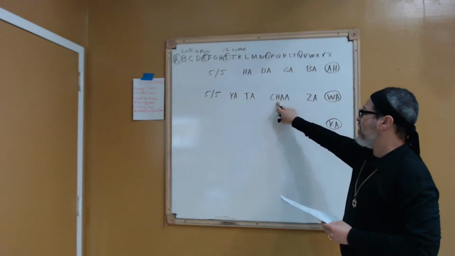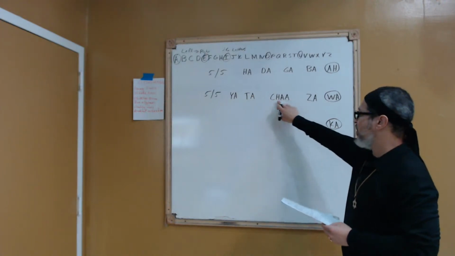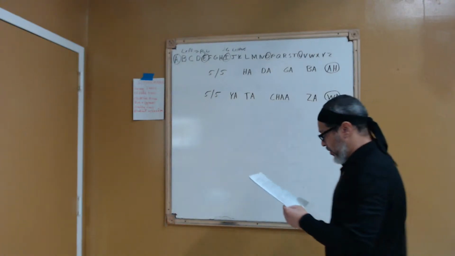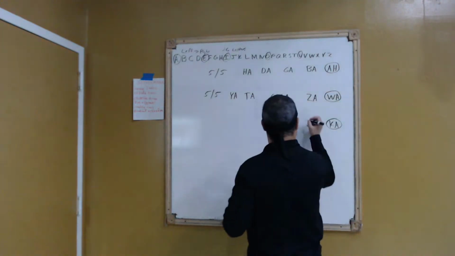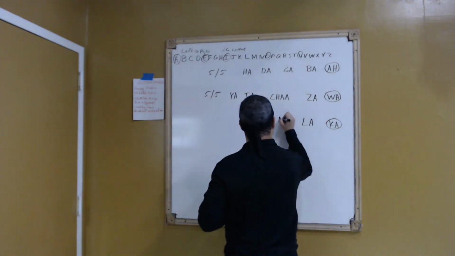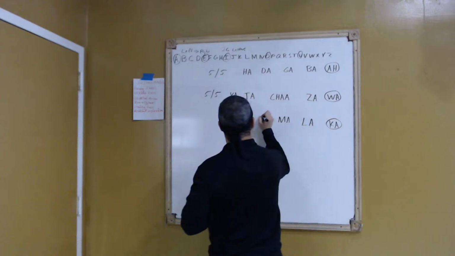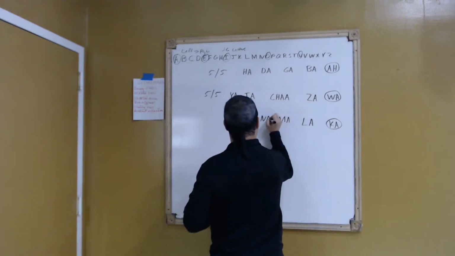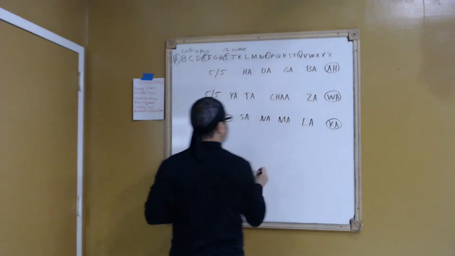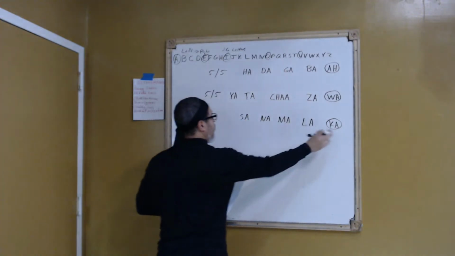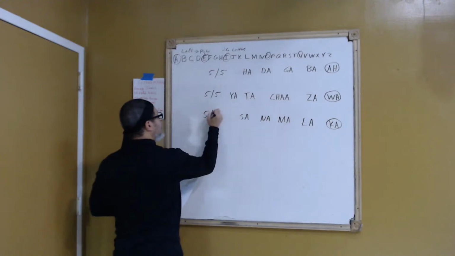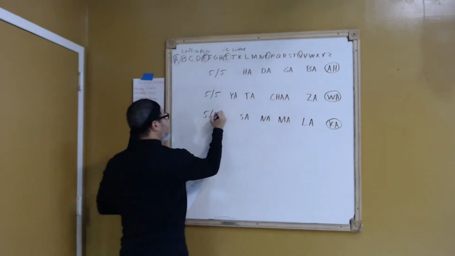A lot of times people say the same sound for this, but it's its own character, so it has its own sound. So it's ka, la, ma, na, sa. Again, we have 1, 2, 3, 4, 5 characters with 5 syllables.